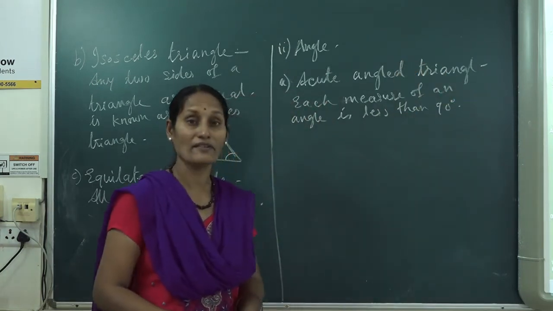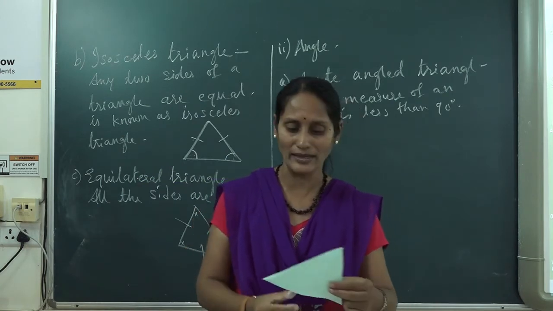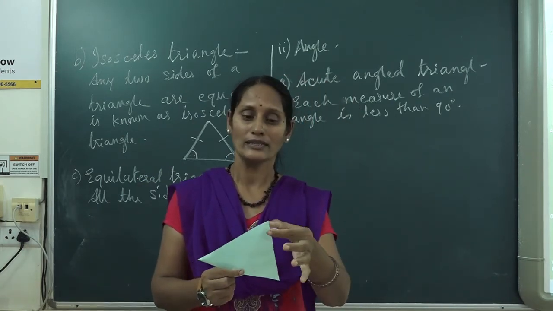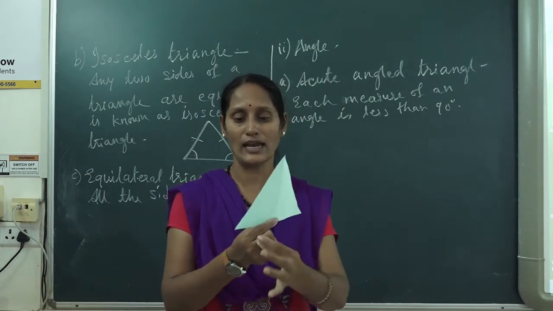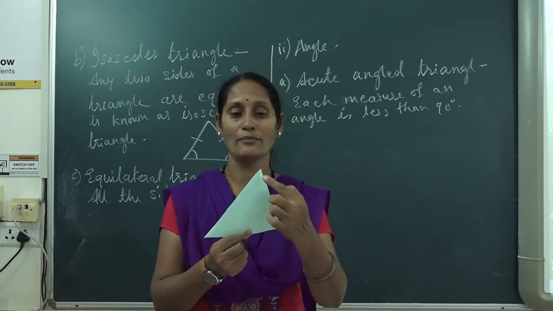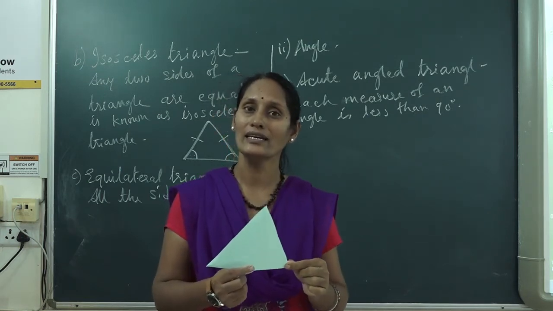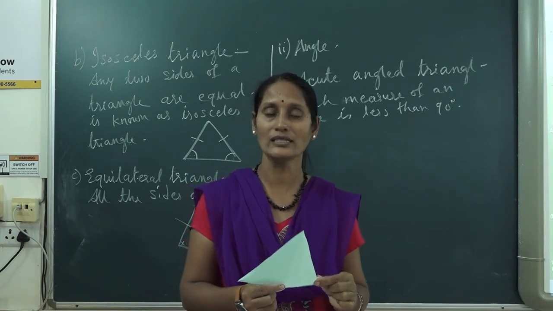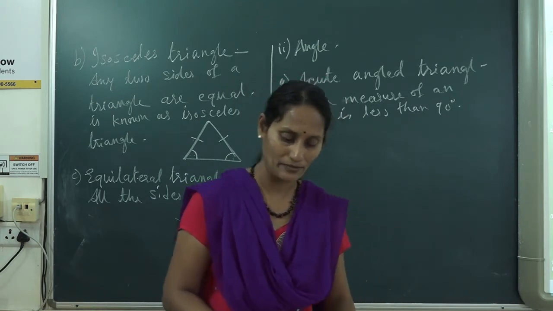Now for example, if I will show you, one figure is in my hand. If you will think about this angle and this angle, so their measure is less than 90 degree. So it is known as acute angle triangle.